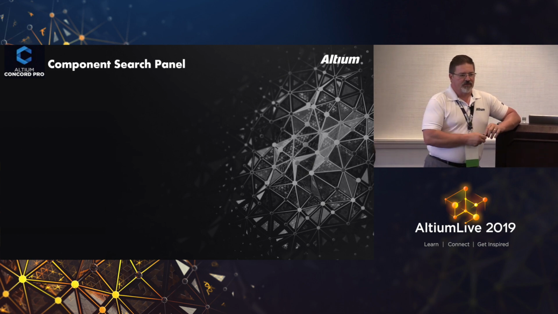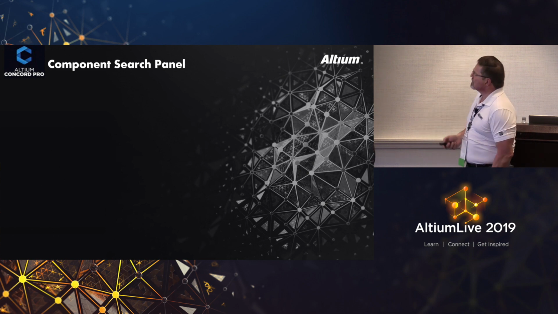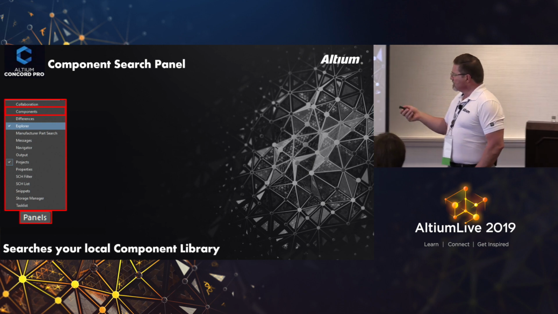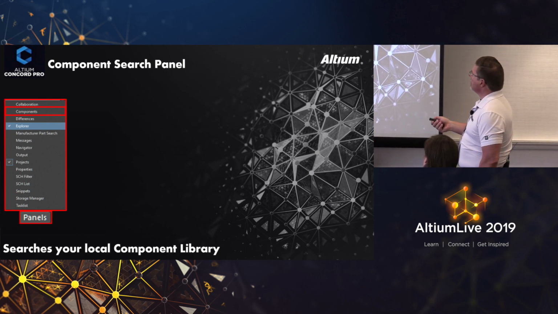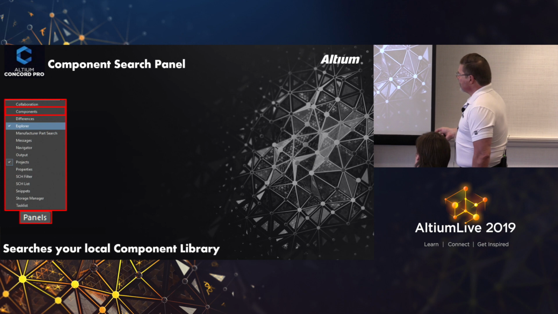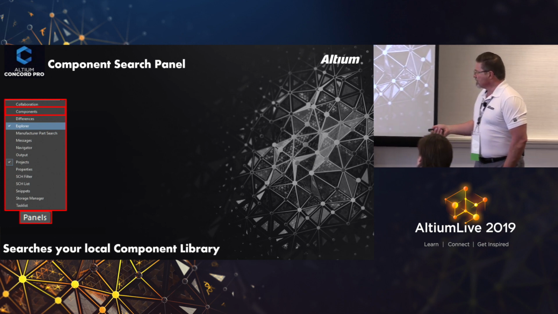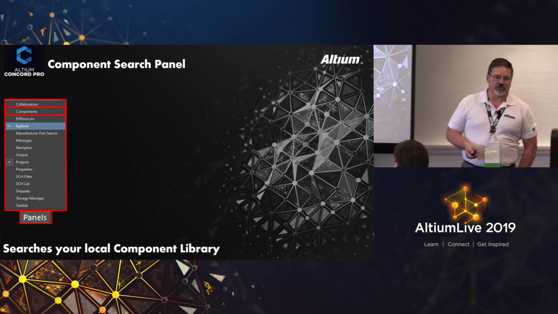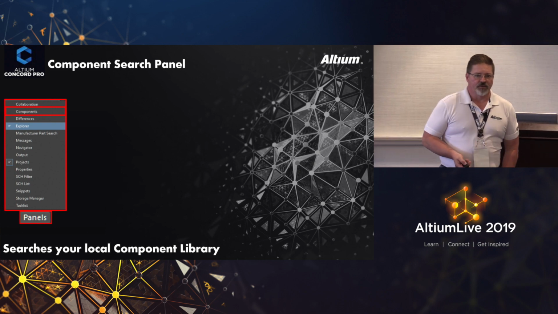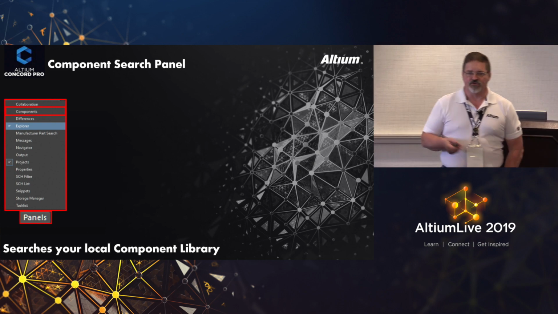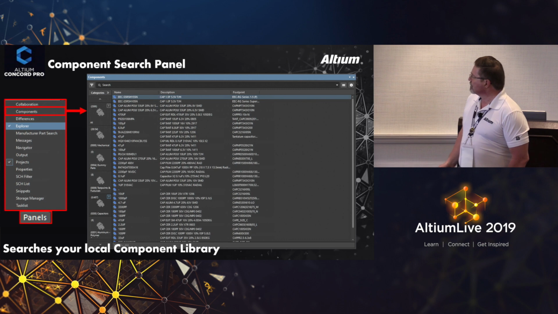Something I want to talk to you about at the component level is your component search panel. If you go into panels and up here on components, what this is going to do is search your local component library, your Concord library. This is an interface for you to go in and do a component search.